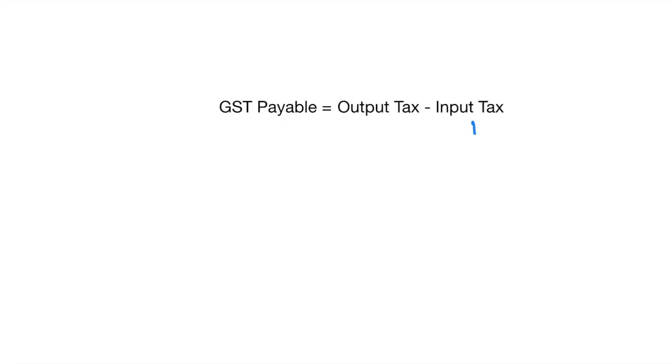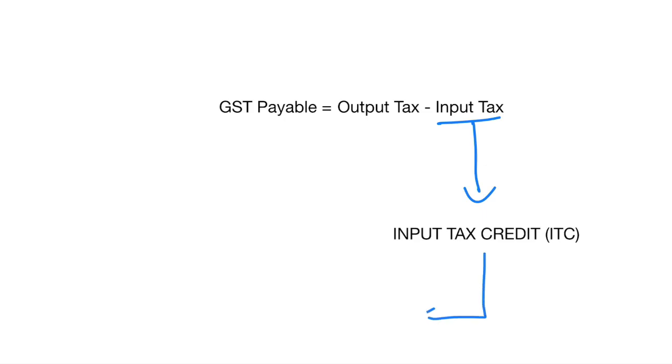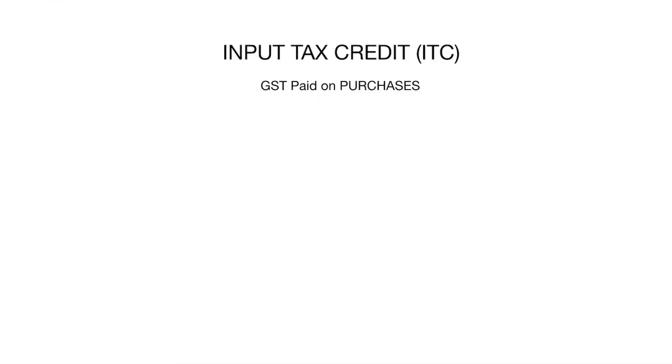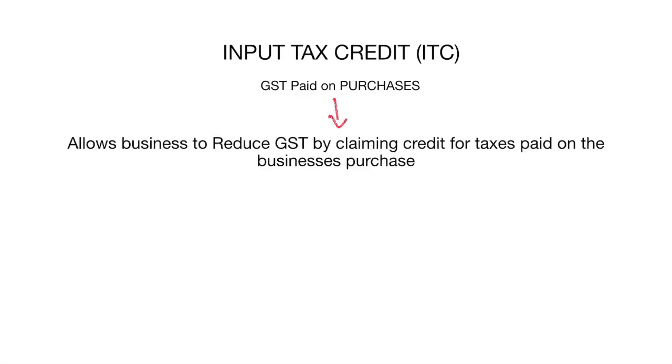Now this input tax is nothing but input tax credit, ITC. Input tax credit is nothing but the GST paid on purchases. It allows businesses to reduce GST liability by claiming credit for taxes paid on purchases, preventing double taxation.